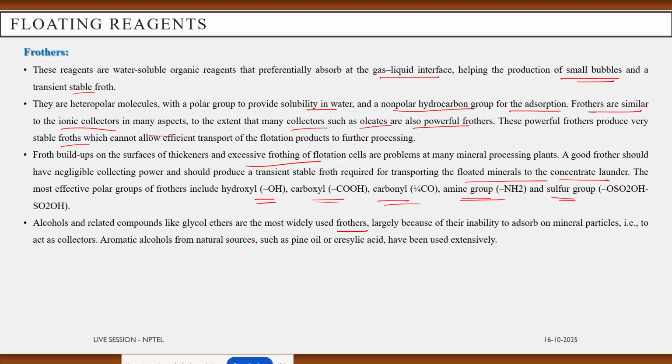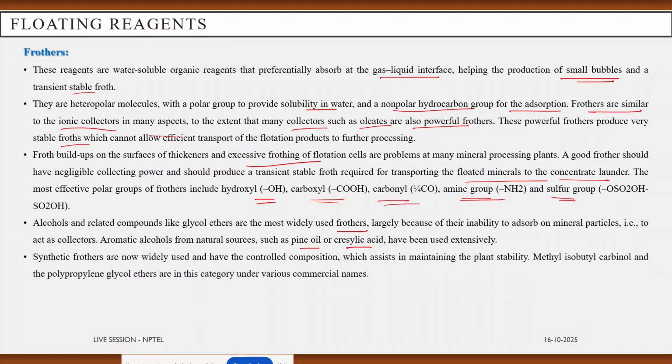Aromatic alcohols from natural sources, such as pine oil, have been used extensively. Synthetic frothers are now widely used and have a controlled composition, which assists in maintaining the plant stability. Now, methyl isobutyl carbinol and the polypropylene glycol ether are in this category under various commercial names.